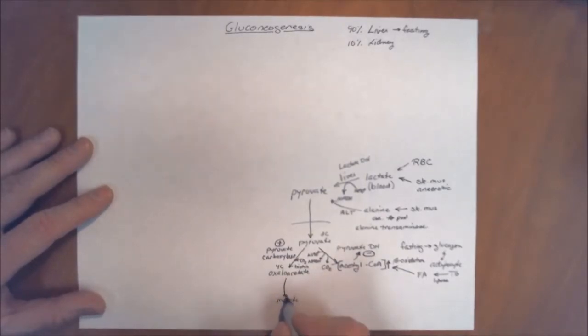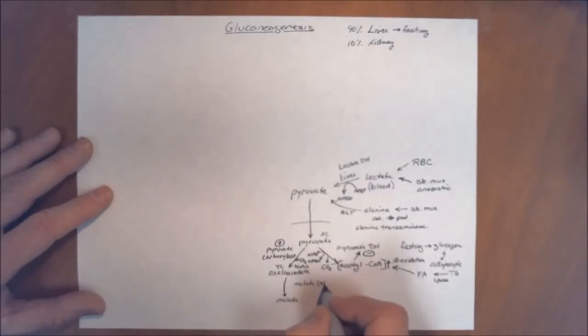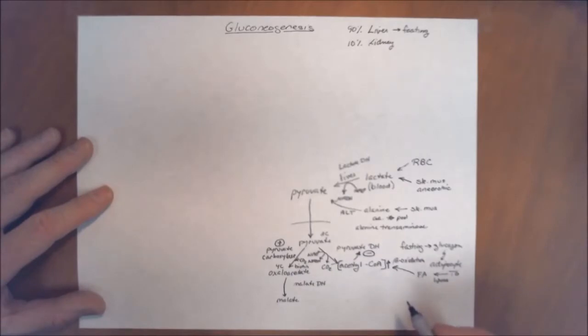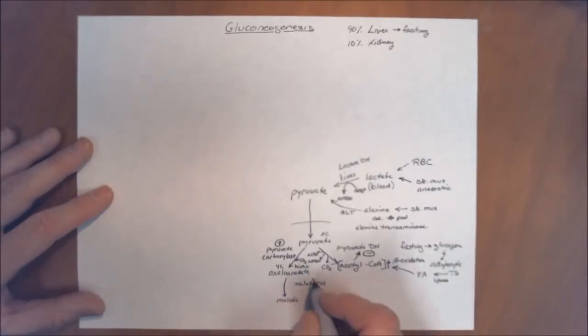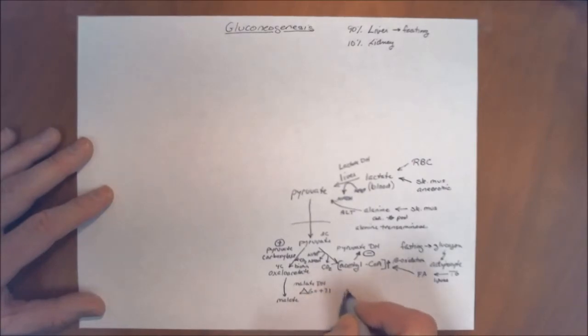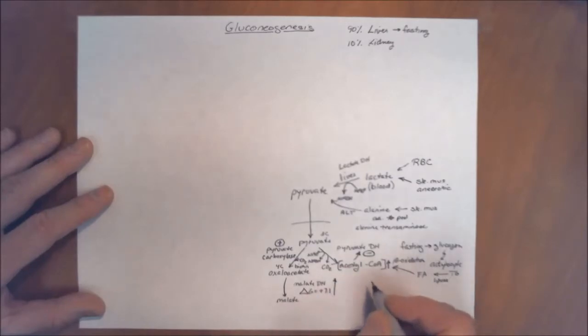This is a reverse step of the TCA cycle, and it is done by the malate dehydrogenase enzyme. Recall, the reverse direction is actually favorable. When we looked at the standard free energy, we saw that it was a positive 7.1 in the normal TCA direction.